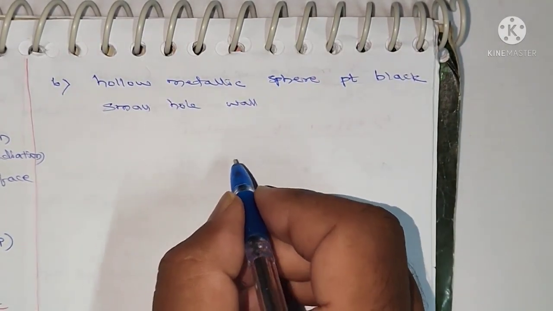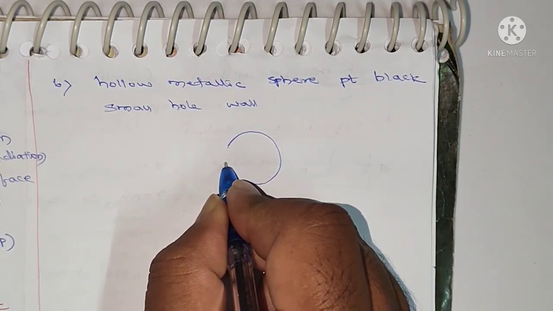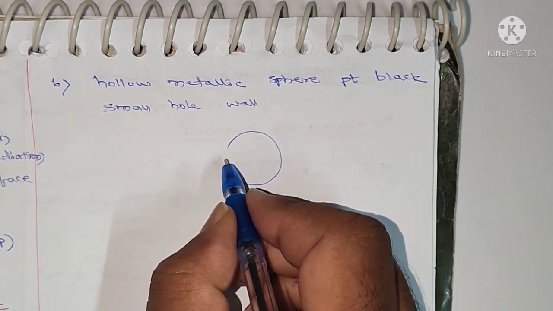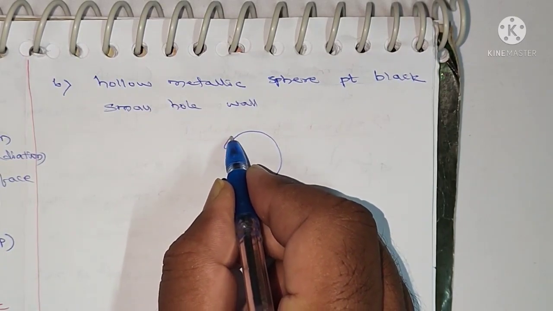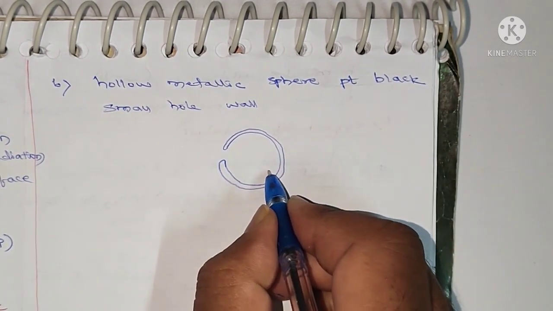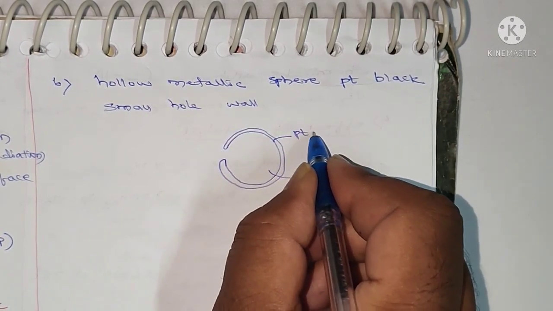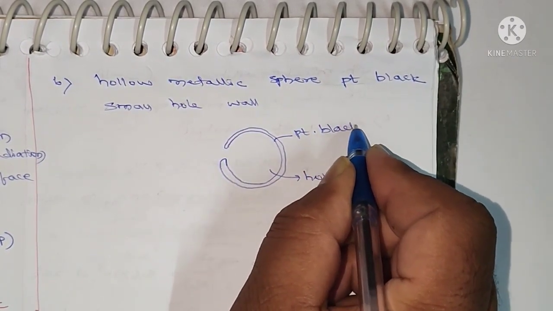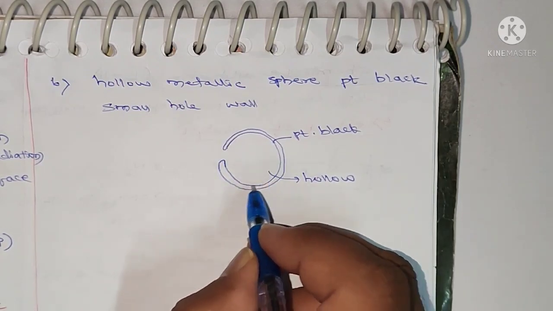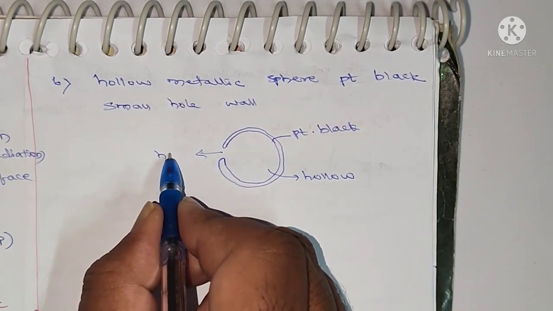Let me draw that black body. This is the black body, it is hollow, and here is the platinum black coating.